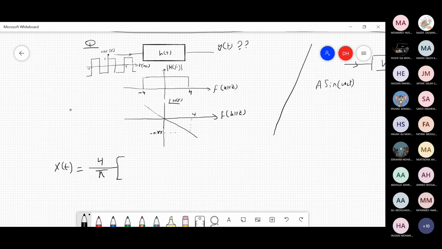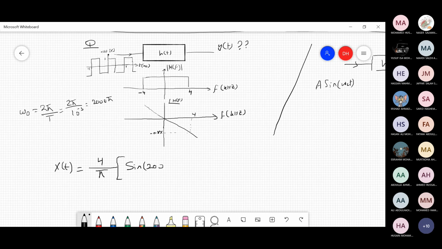And here we have sine omega naught t. Omega naught is equal to 2 pi f, or 2 pi divided by T. T is equal to 1 millisecond. Okay, so it is 2 pi divided by 10 to the minus 3, so then it is equal to 2000 pi.